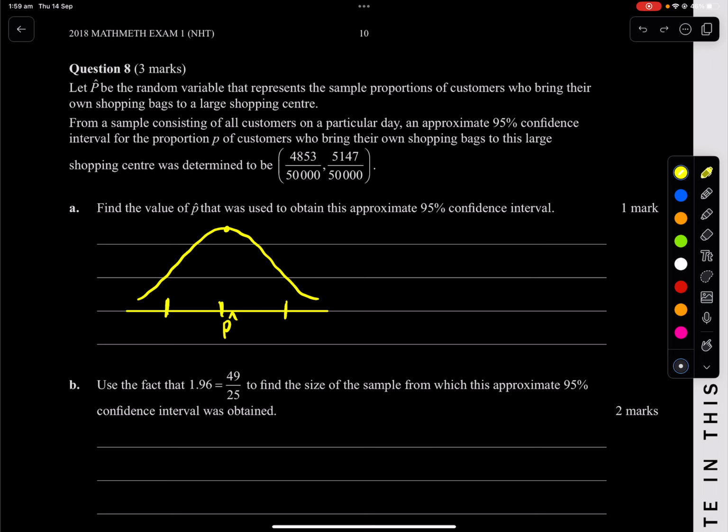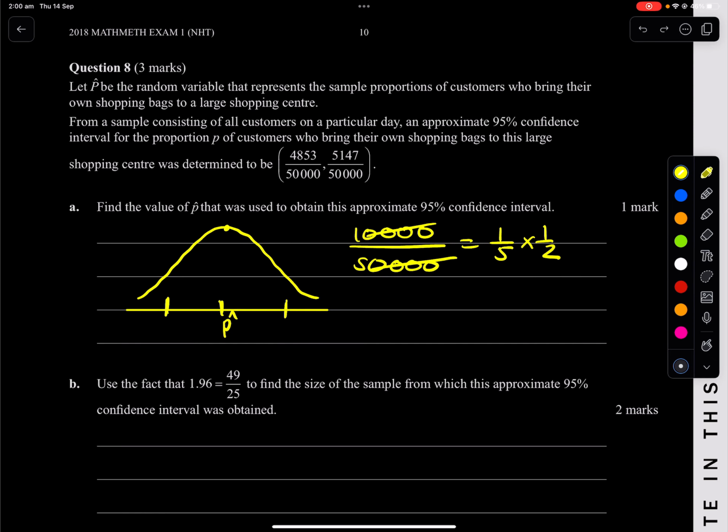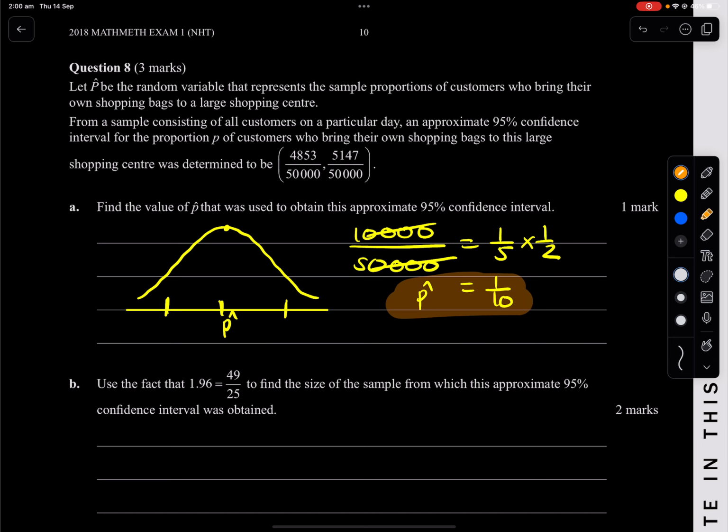So let's add them together: that's 10,000 over 50,000, which cancels to 1 over 5. But remember, multiply by half, so your P dash equals 1 on 10.